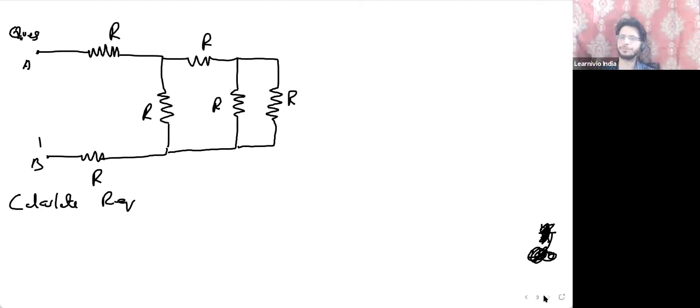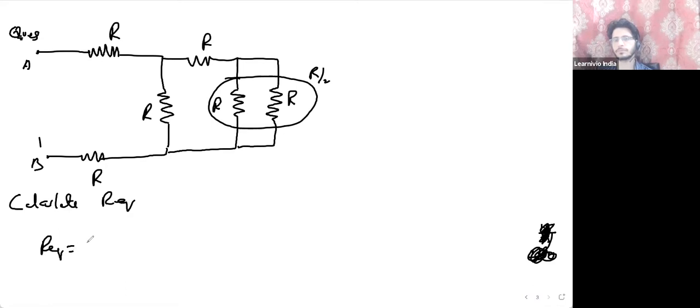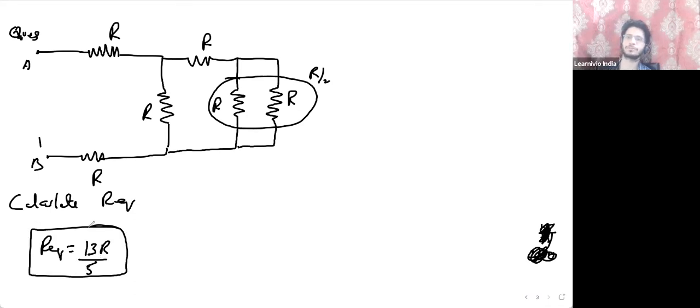Perfect. Ahmed, good. So it's not that lengthy. R and R, they're parallel, R by 2. Good, Abdullah. This is R by 2. 13 R by 5. Sania, you have to take the reciprocal. 13 R by 5.